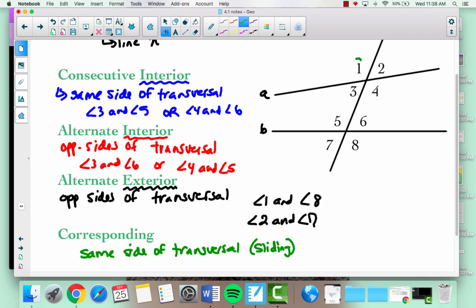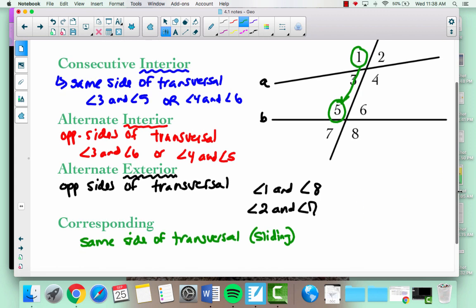If I start at angle 1, I'm going to slide down to the next angle in the same location. So they would either both be on top or both be on bottom of the lines. Typically one is going to be an exterior angle and one will be an interior angle, but they have to be in the same location, so both on top of the lines or both on the bottom.